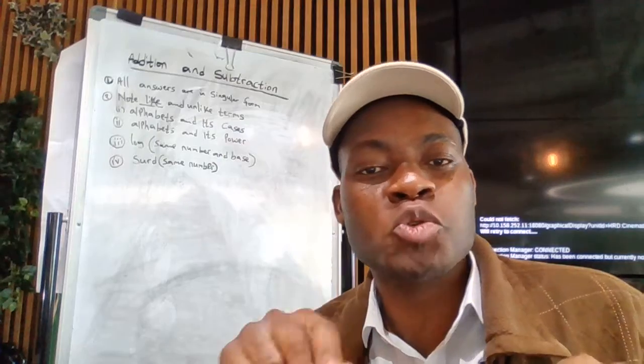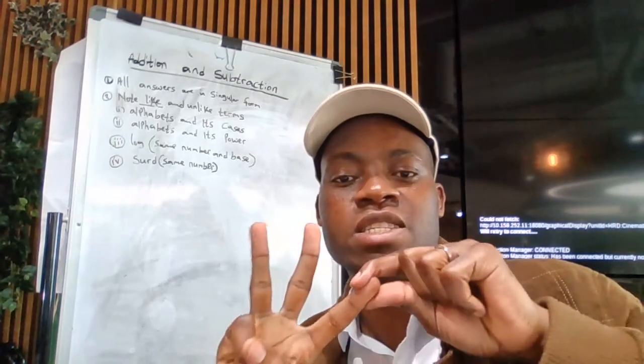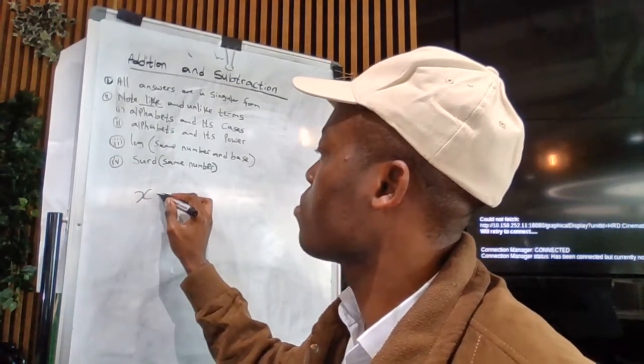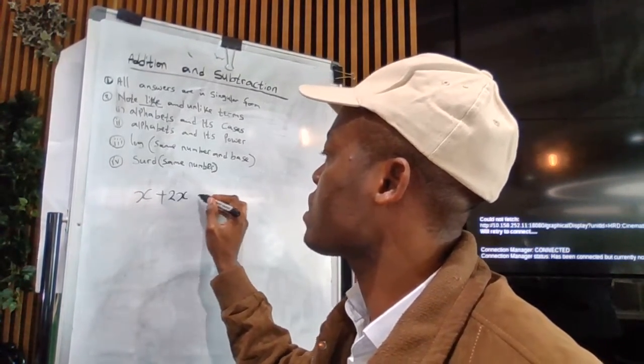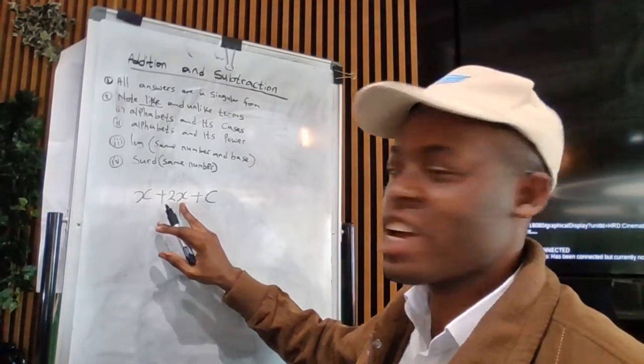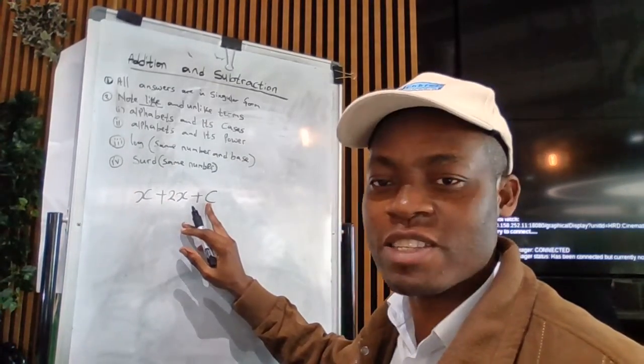x plus 2x plus c, 3 items. x and x, they are similar items. c is different.